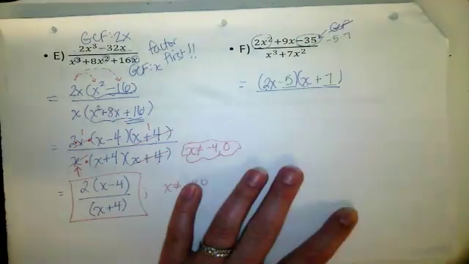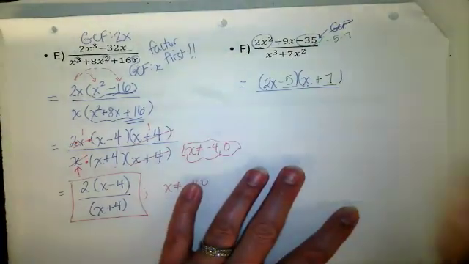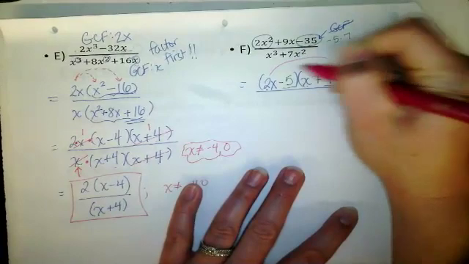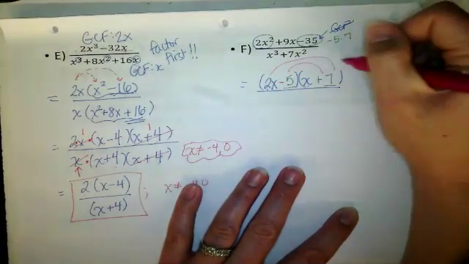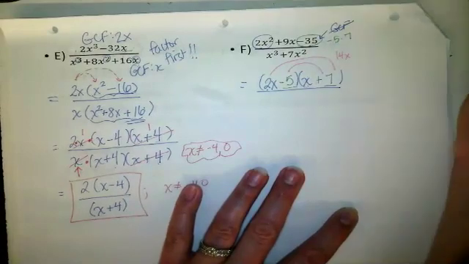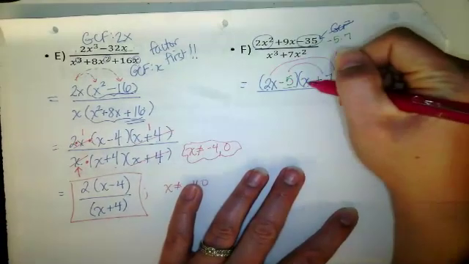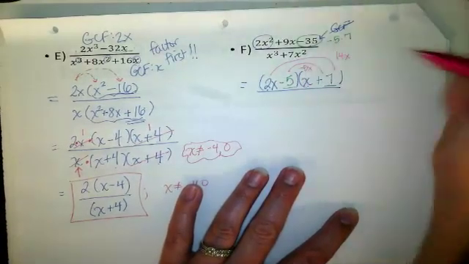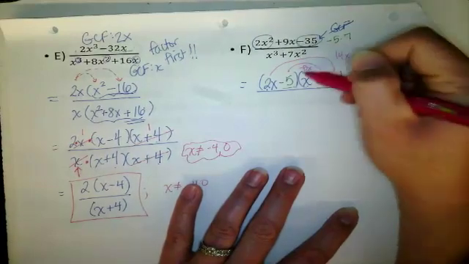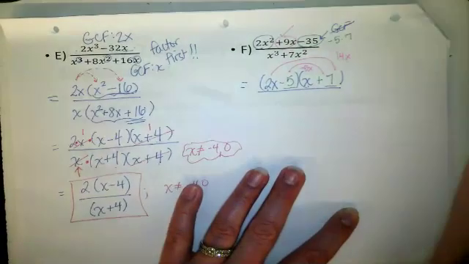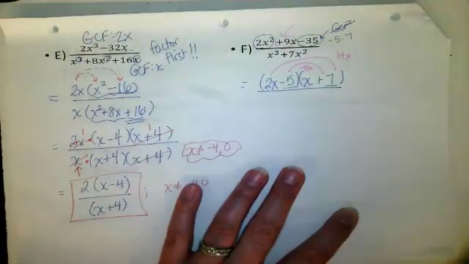How do you know if you did it right? Rainbow. You must check the rainbow here. So when I check the rainbow, 2x times 7 is 14x. And negative 5 times x is negative 5x. And what do we get when we combine those? 9. 14 minus 5 is that 9, that 9x in the middle term. So we did it right.